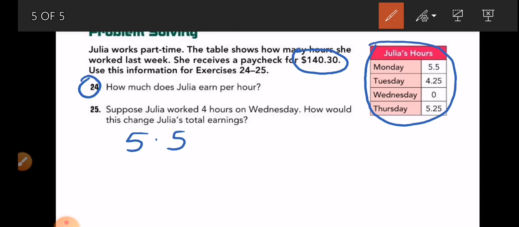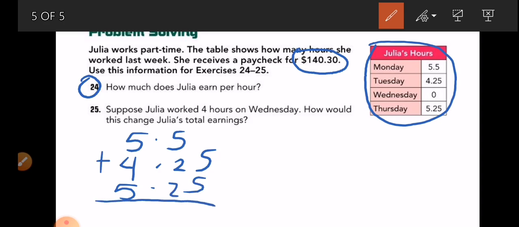So 5.5, here 4.25, 0, sure I will not add it, then 5.25. Let me add them. Here I can put 0. 0 and 5 and 5 will give me 10. 1 and 5, 6. 6 and 2, 8.